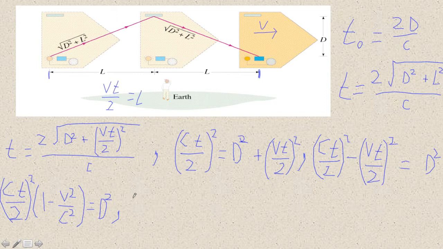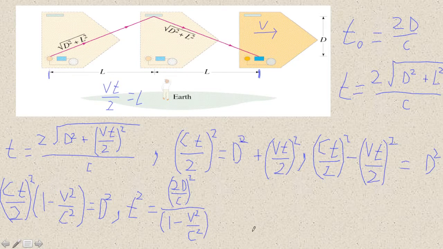So I've got t squared equals, on the numerator, 2d over c, that whole thing squared, over parentheses 1 minus v squared over c squared.